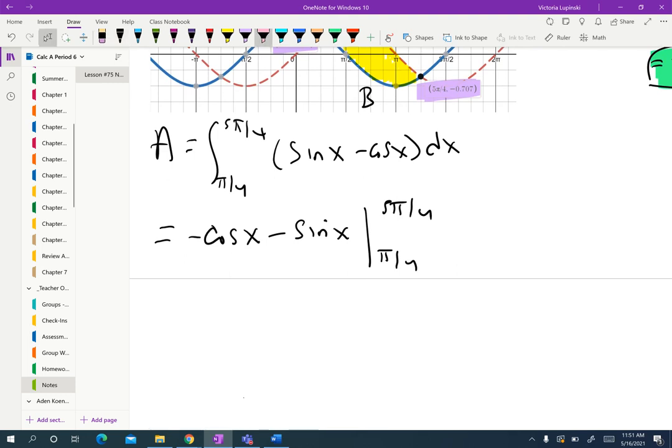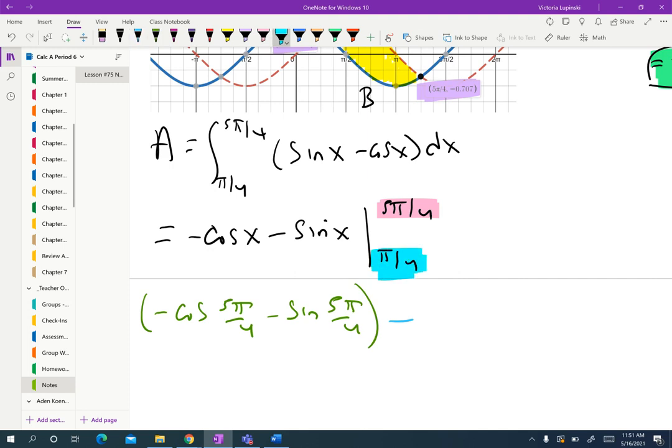So if I start by plugging in 5 pi over 4, that is going to give me the negative cosine of 5 pi over 4 minus the sine of 5 pi over 4. Then, fundamental theorem of calculus, you're always going to be doing the subtraction. So now I'm going to plug in pi over 4. If I plug in pi over 4, I'm going to get the negative cosine of pi over 4 minus the sine of pi over 4.